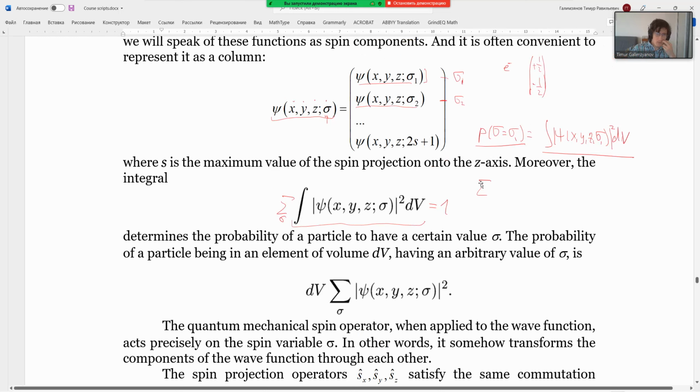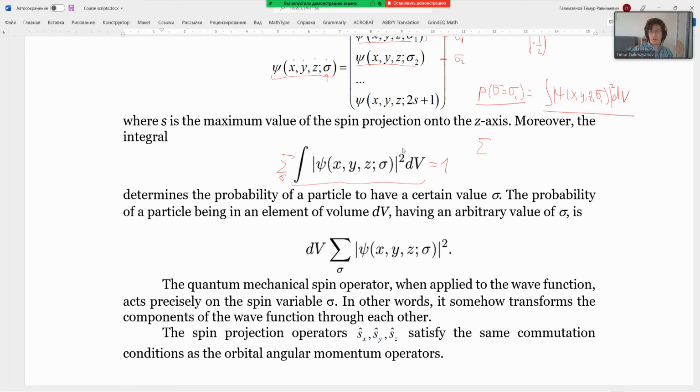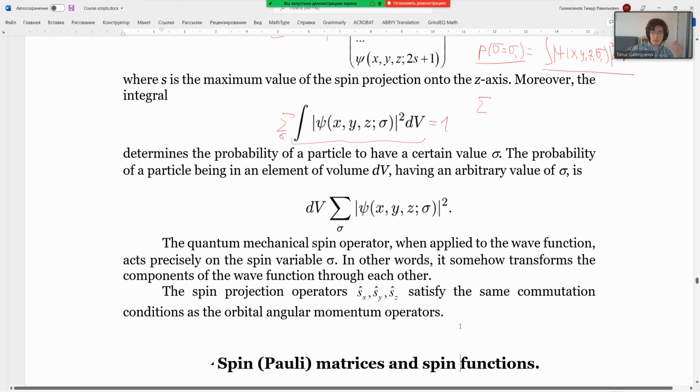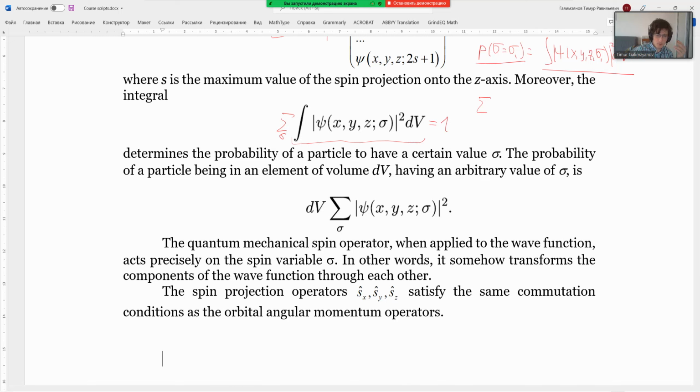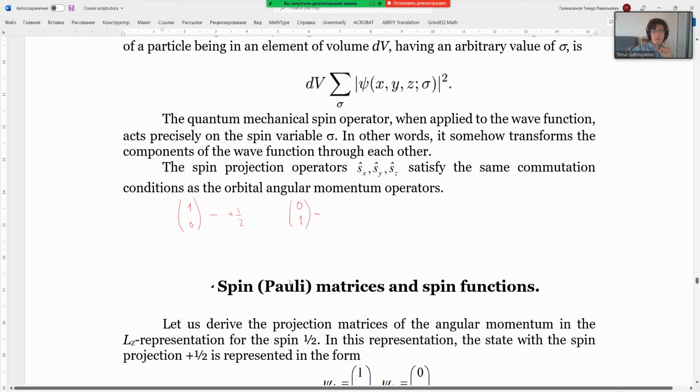Working with the spin means that we should represent our wave functions as vectors, and usually we work in the so-called z-axis representation. The vector (1, 0) corresponds to the particle that has spin plus 1/2, and the vector (0, 1) corresponds to the particle having spin minus 1/2.